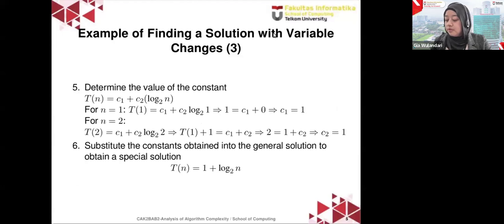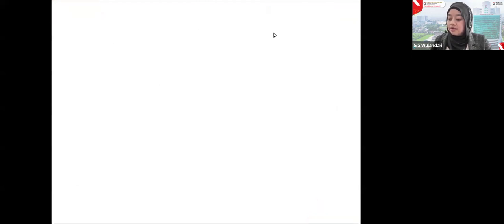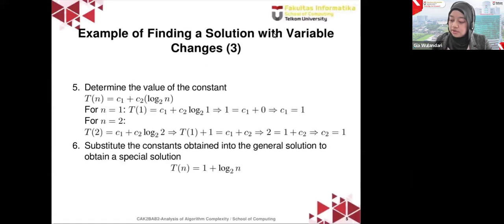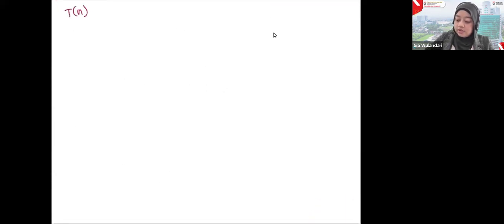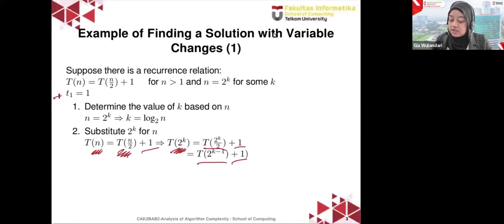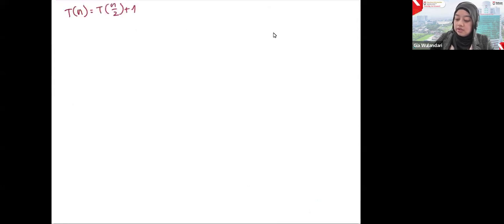Okay, so basically here what we have is Tn equals T of n over 2 plus 1, where T1 is equal to 1. This is the first problem. So from here, we assume that n is equal to 2 to the k.